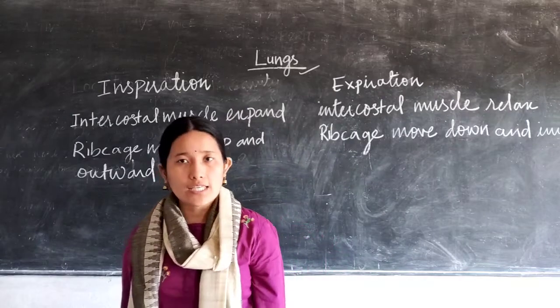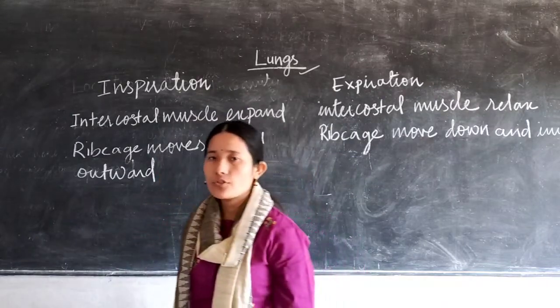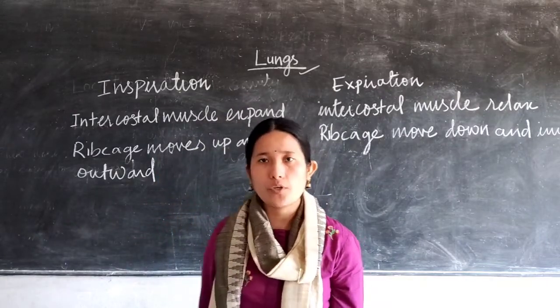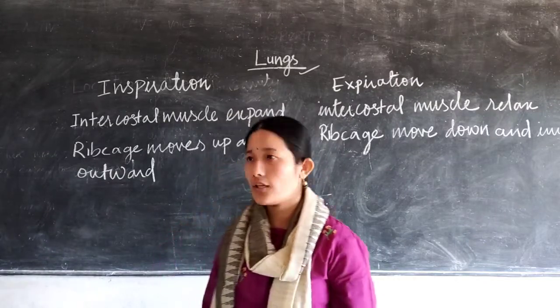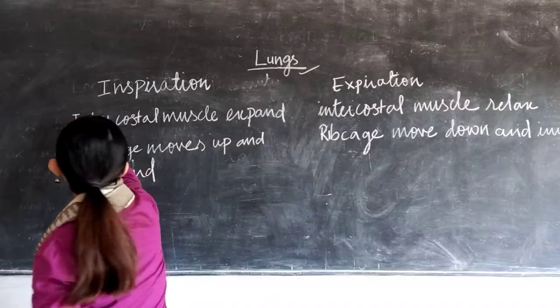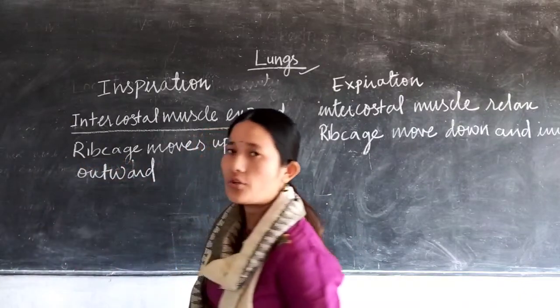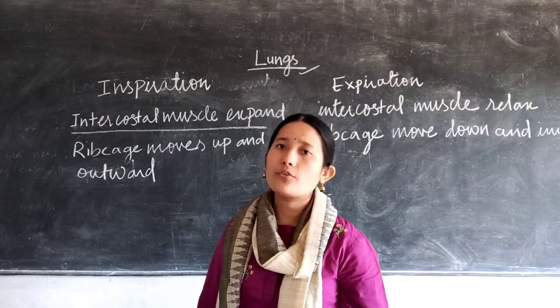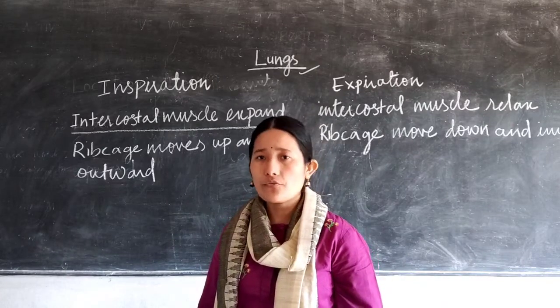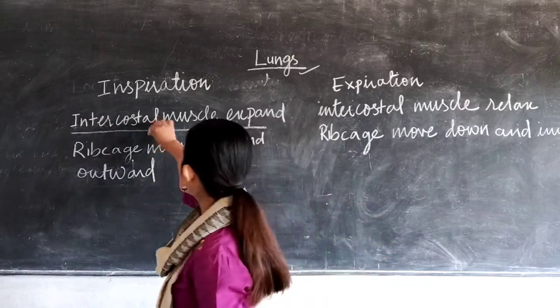Now when you take in the air, what happens to the different parts of your body, because of which the air is forced into the lungs? Okay. Now as we know, your lungs are surrounded by the rib cage. The muscles in between the rib cage are referred to as intercostal muscles.